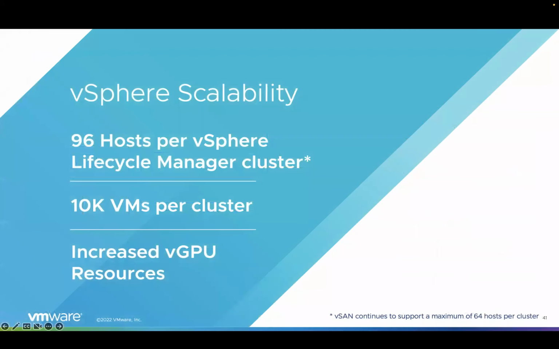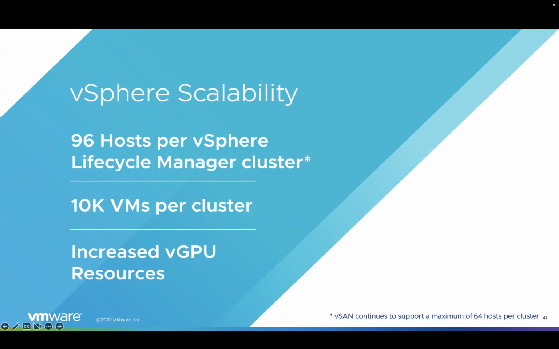Now, just some of the scalability numbers here in vSphere 8. There's not a huge leap compared to vSphere 7. Just take that with a grain of salt, that we are continuously working on the scalability numbers, and we'll always try and improve them. We're now able to manage 96 hosts per vSphere Lifecycle Manager cluster.